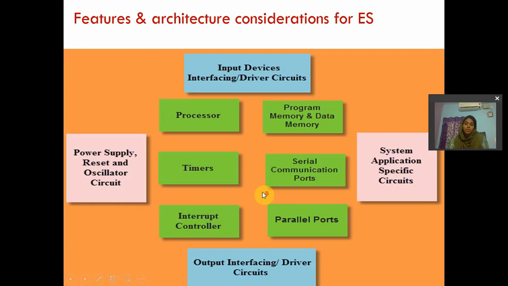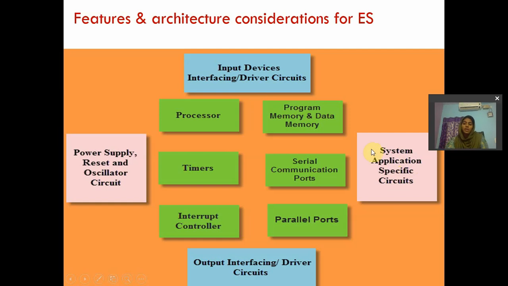This is the full block diagram of the hardware circuitry of an embedded system. Here we have the power supply, reset and oscillator circuits. We can connect the input devices through interfacing. Any embedded system can perform a unique task through system application specific circuits.